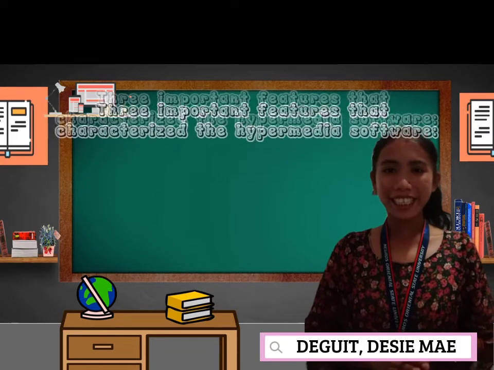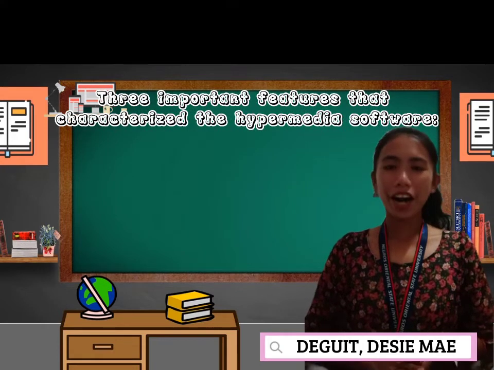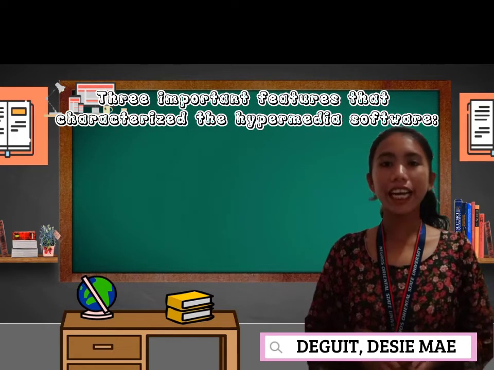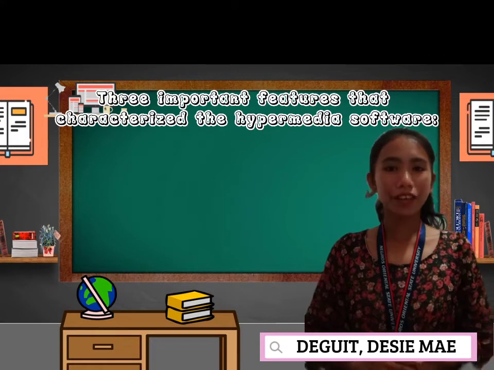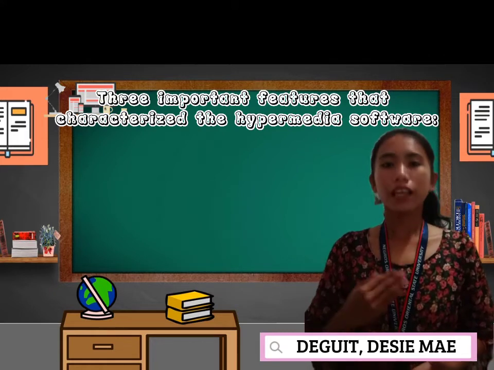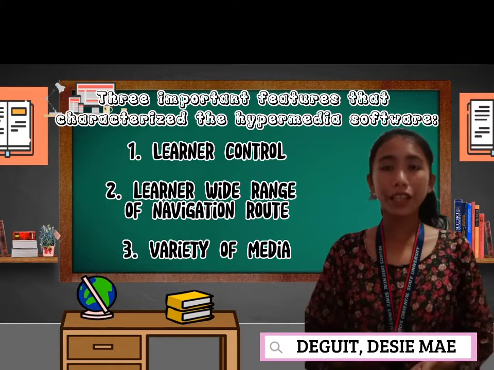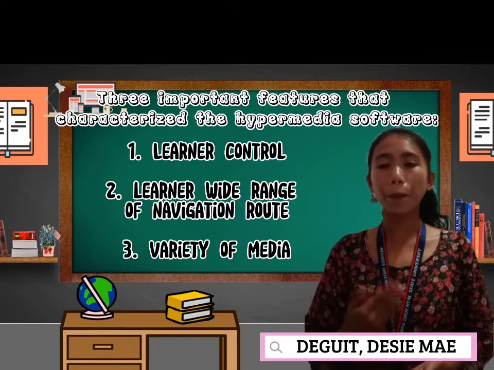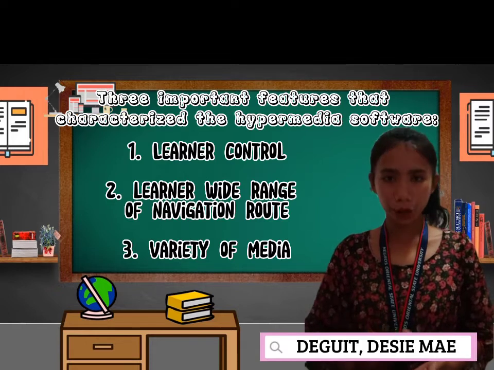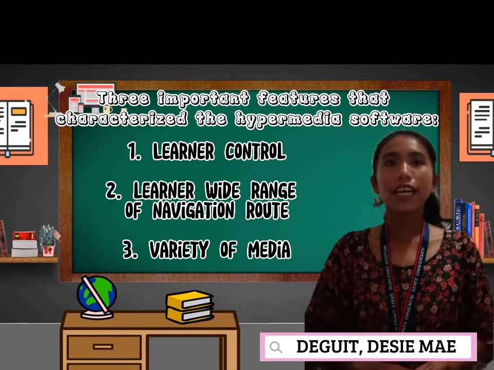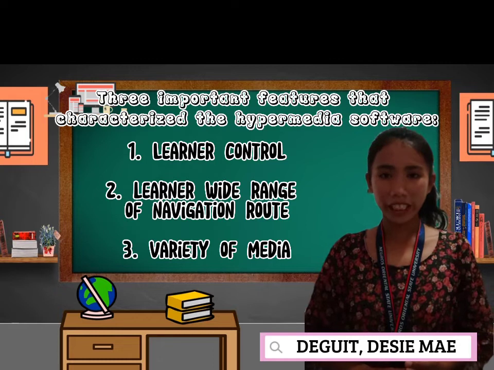The characteristics of hypermedia. There are three important features that are outstanding that characterize the hypermedia software. The first one is the learner control. The learner makes his own decision on the path and flow of events of instructions. Second, a wide range of navigation routes.